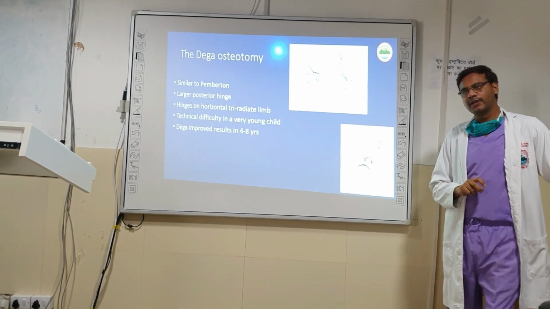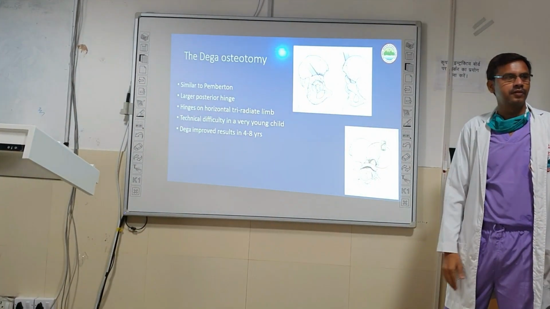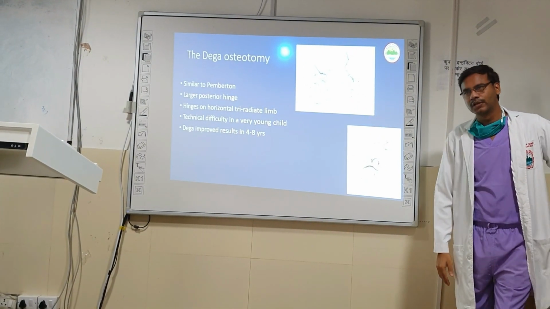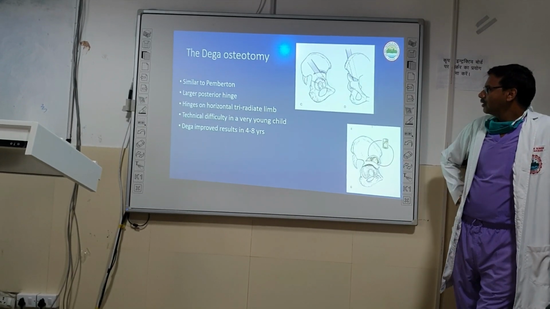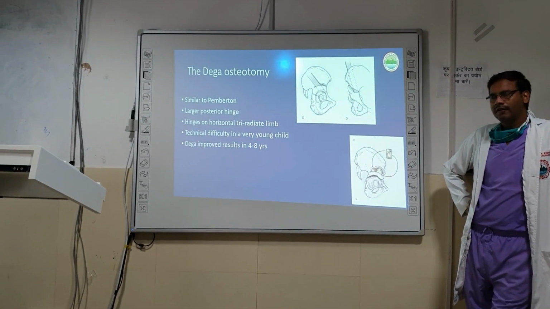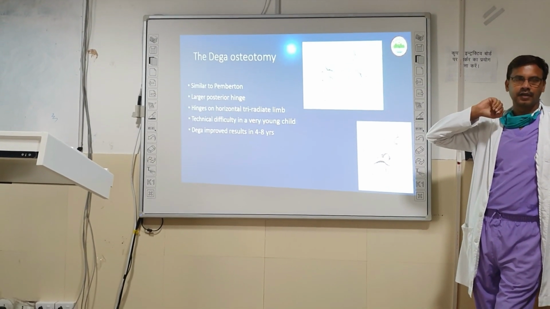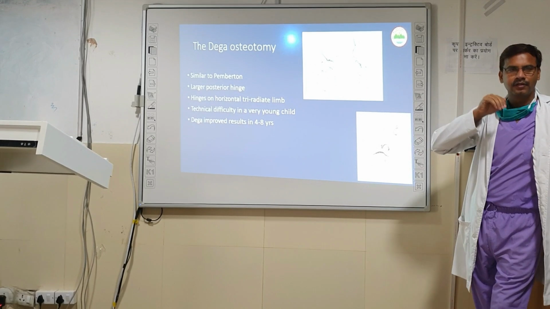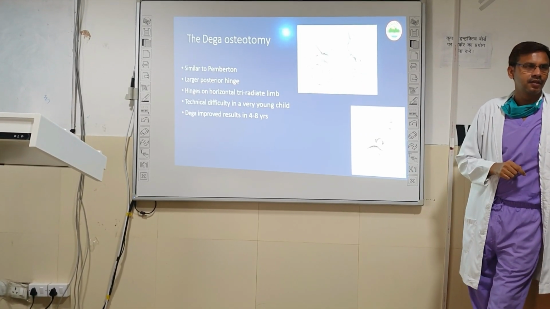Next. Now what is Dega? The advantage of Dega osteotomy is that you only have to expose the outer table of the innominate bone. So the cut of the Dega osteotomy goes medially and inferiorly from just above the acetabulum, and it goes towards the triradiate cartilage but never reaches the triradiate cartilage.